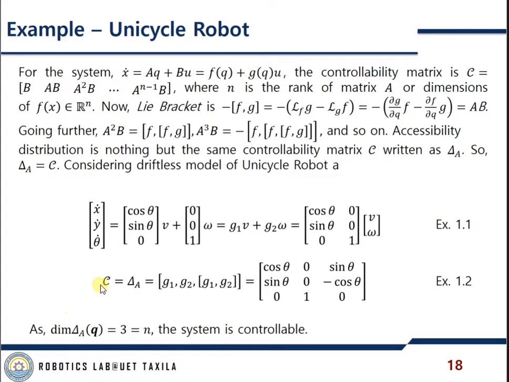So the controllability matrix is going to be equal to the accessibility distribution, and we can write it as g1, g2, and this one. We can see that the rank, or the dimension, of this accessibility distribution is equal to 3, which is equal to n. So the system is controllable, and that's the point.